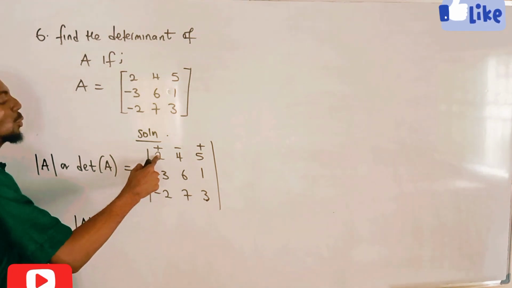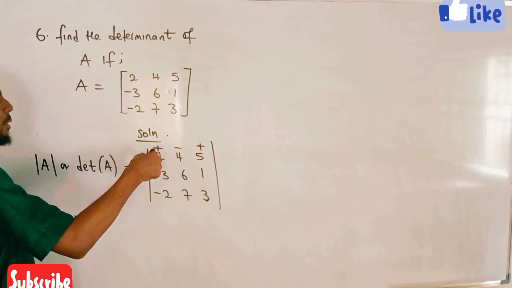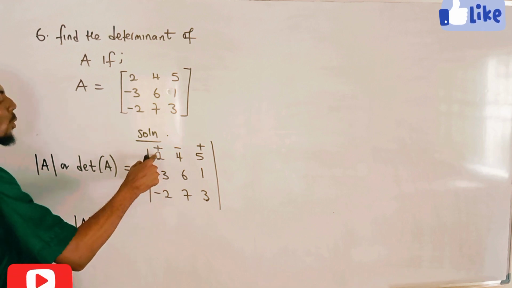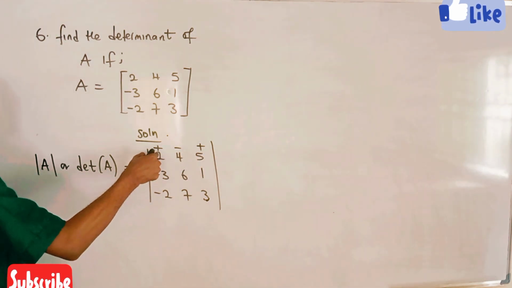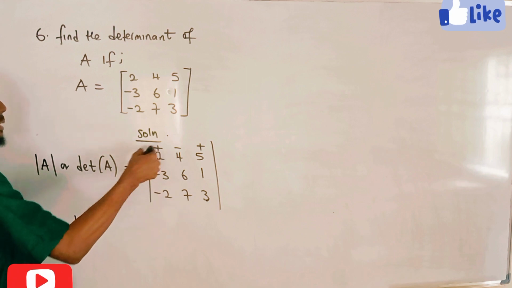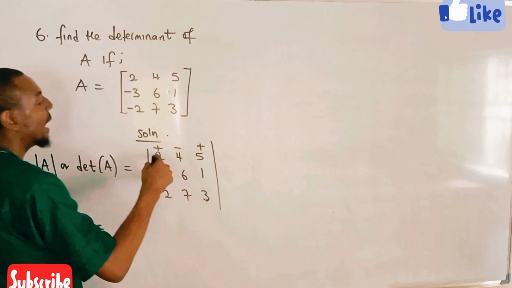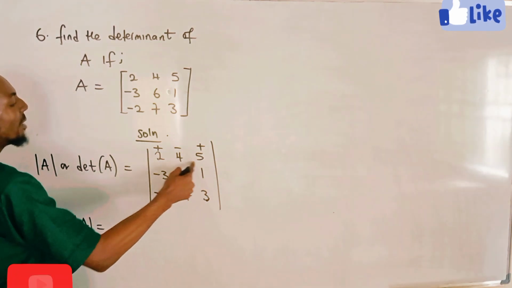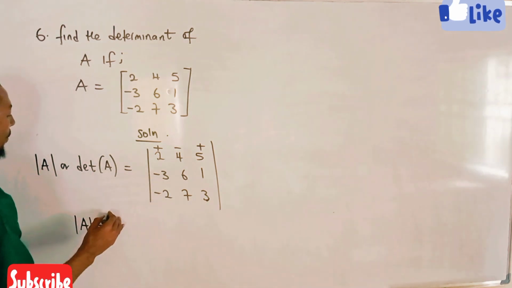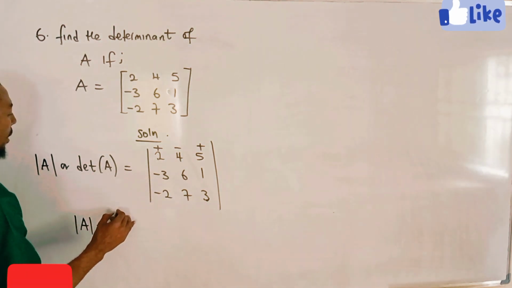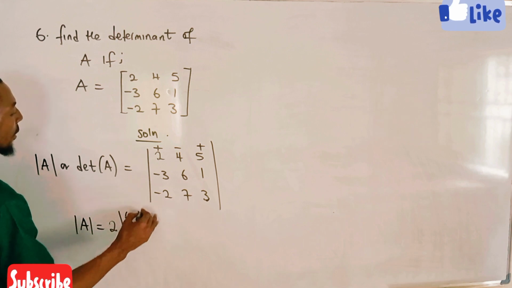When you pivot 2, you rule out this column and this row, because this row is connected to 2 and this column is also connected to 2. That's how to carry out determinant. So we rule out this row and this column. The only numbers remaining are 6, 1, 7, 3. So we have 2 into 6, 1, 7, 3.